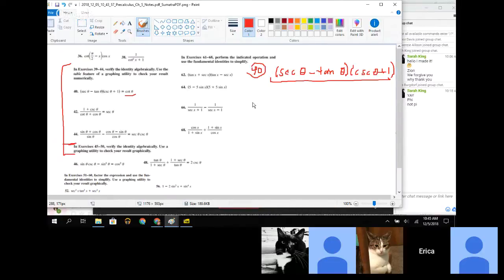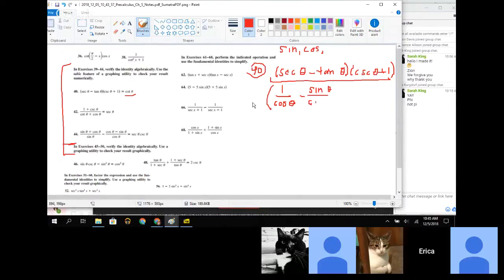What I like to do when I do these problems is try to get everything down to just sine and cosine and see what I can get out. So instead of writing the secant of theta, I'm going to write this as 1 over the cosine of theta, minus, and then I have the tangent of theta, so I'm going to write that as the sine of theta over the cosine of theta.